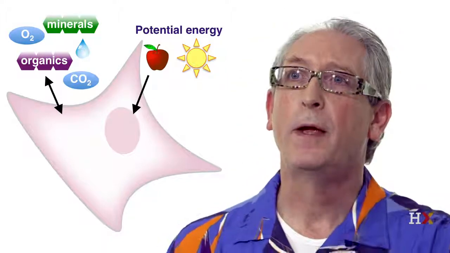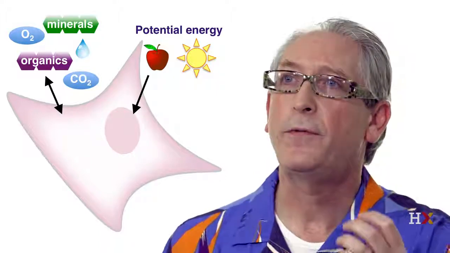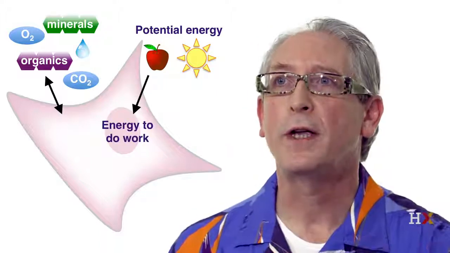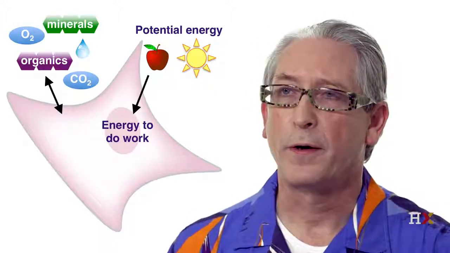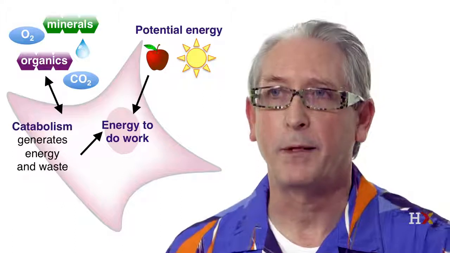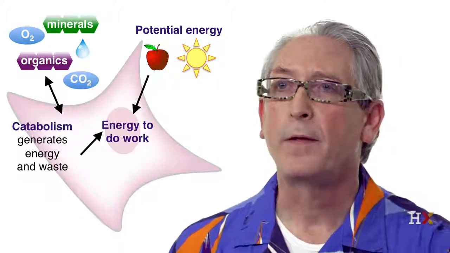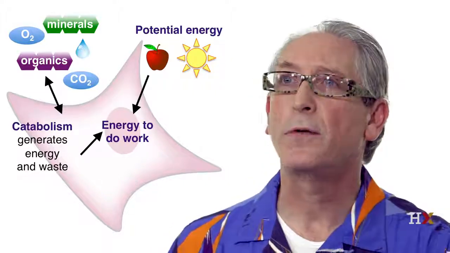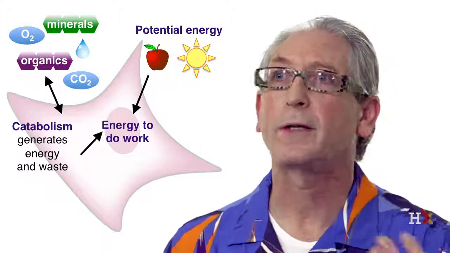For example, the potential energy contained in food is extracted and converted into energy used by cells to do work through a process called catabolism. Work being, for example, movement during muscle contraction or the establishment of osmotic, chemical, or electrical gradients.